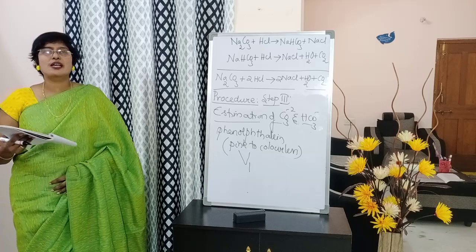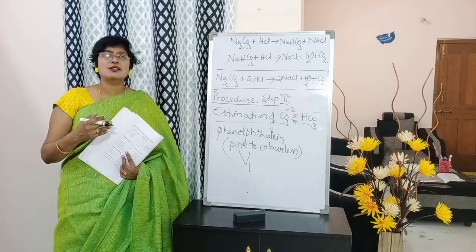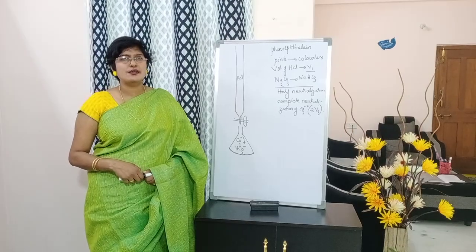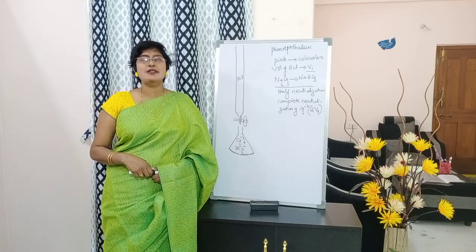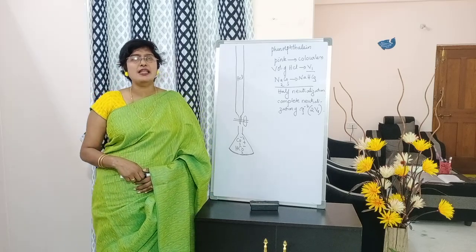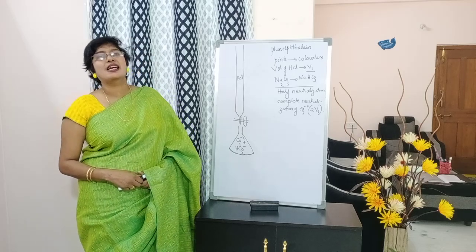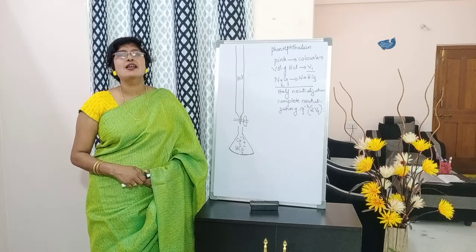Okay, so now I will explain you this step 3, students, so that it will be clear to you. We have written the procedure of all the 3 steps. So first one and second one you might have understood, because last experiment also we have done the same. Third step is little complicated.